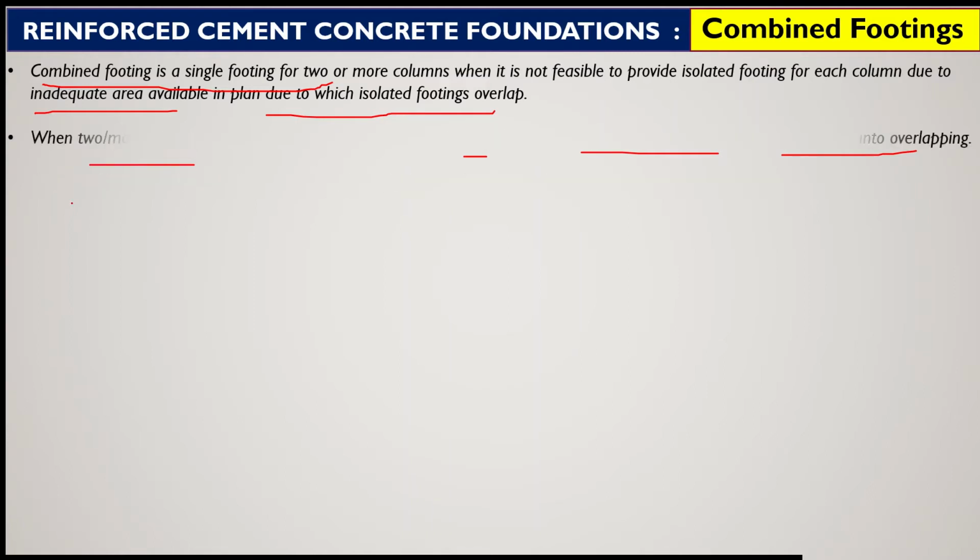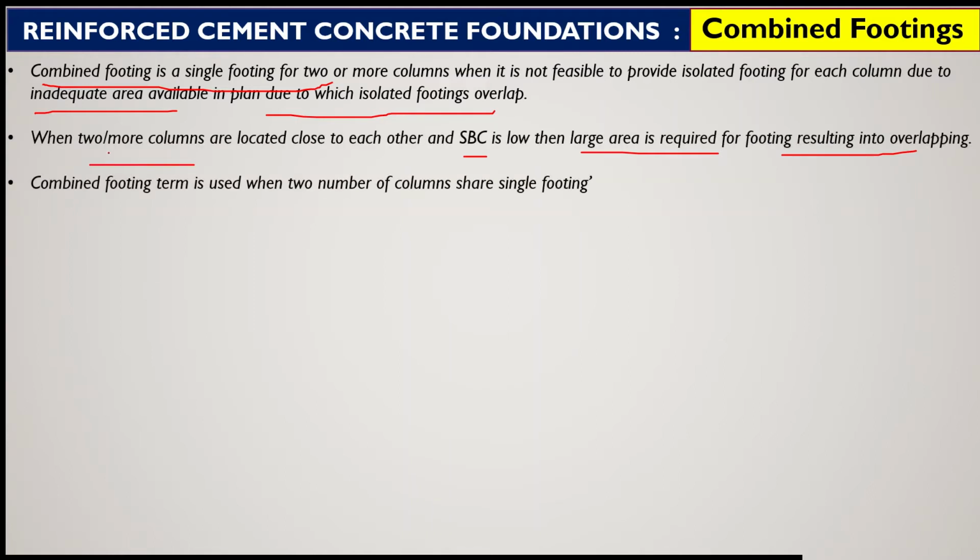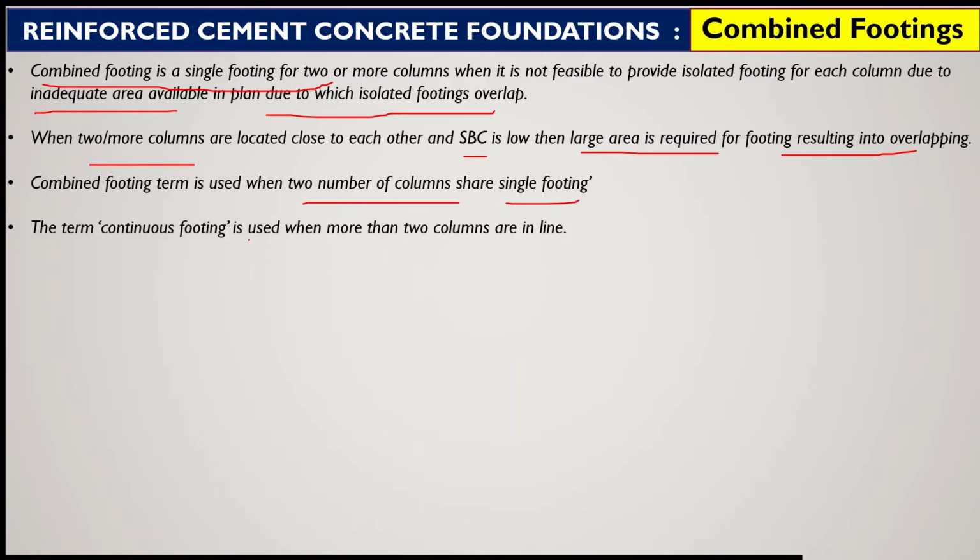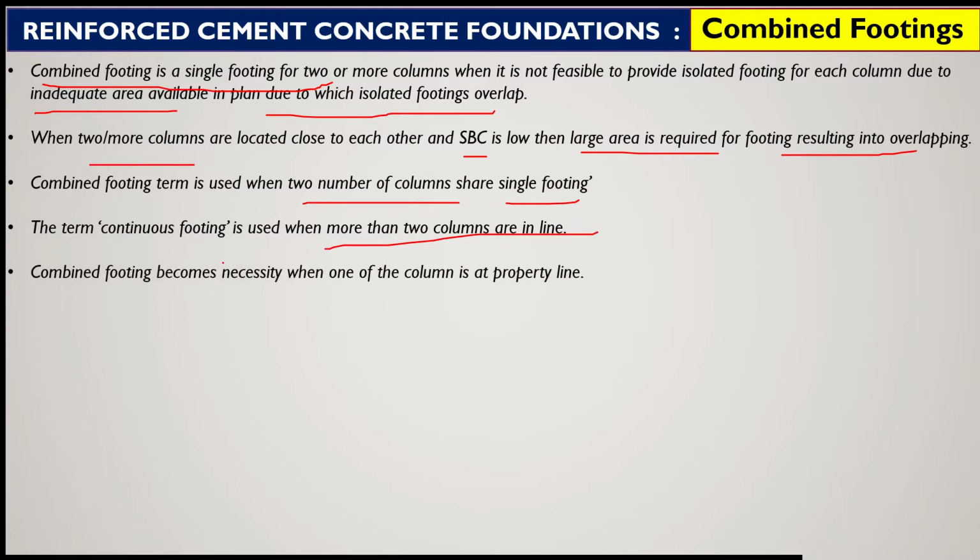Now, the combined footing term is used when two columns share a single footing, and the term continuous footing is used when more than two columns are in a line. Combined footing becomes a necessity when one of the columns is located at the property line.